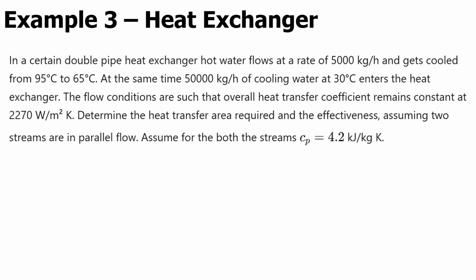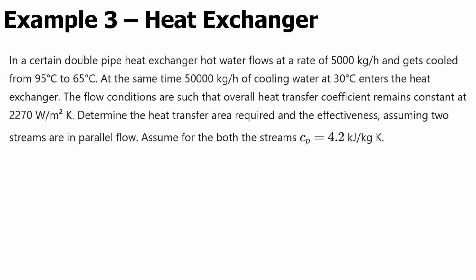In a double pipe heat exchanger, hot water flows at a rate of 5,000 kilograms per hour and is cooled from 95 degrees Celsius to 65 degrees Celsius. Simultaneously, 50,000 kilograms per hour of cooling water enters the heat exchanger at 30 degrees Celsius.